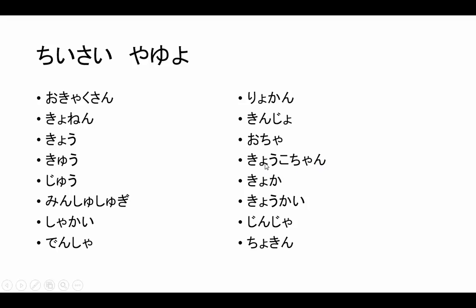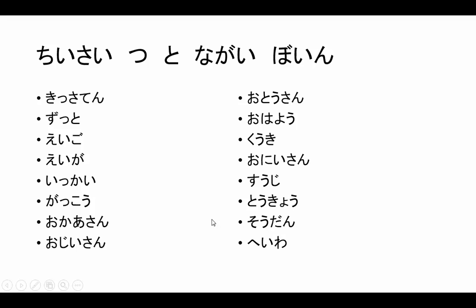Okay, this is Kyoka, right? Kyokai. Notice the short kyo versus long kyo. Okay, Kyokai, Jinja, and Tokin. Right. Okay. Now we have chiisai tsu to nagai boin.